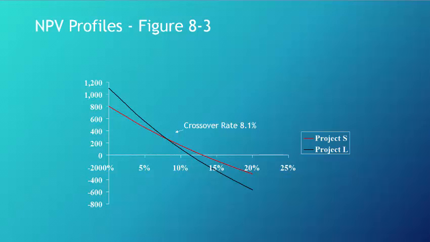If the discount rate's below 8.1%, then I'm going to go in toward the left on the x-axis, and I would definitely want project L.